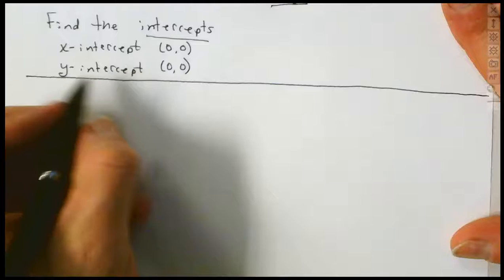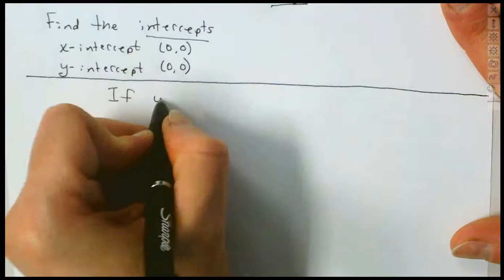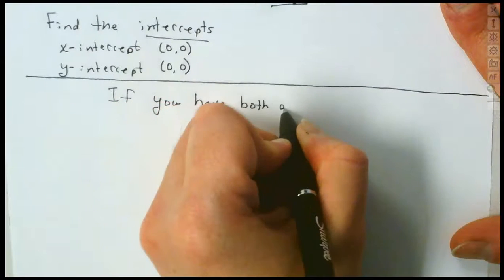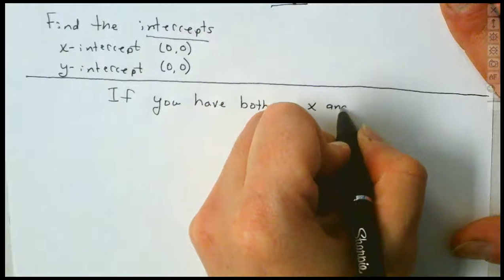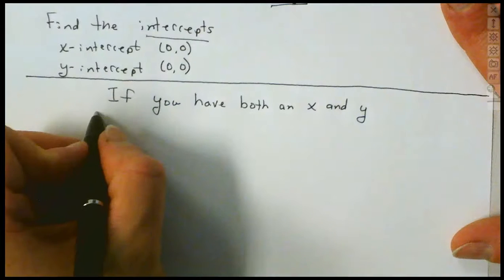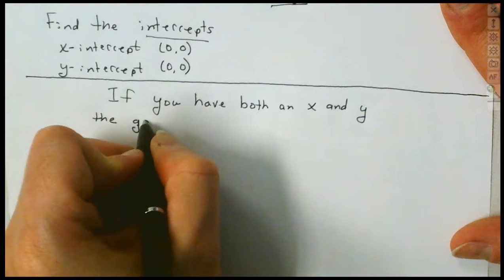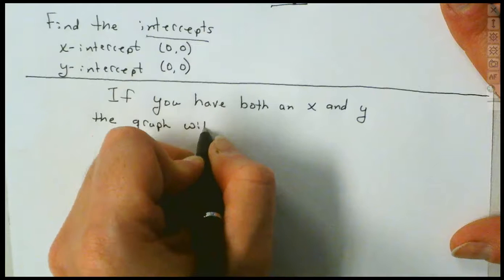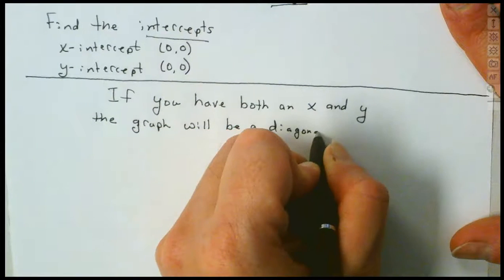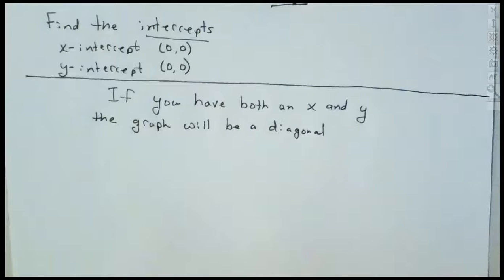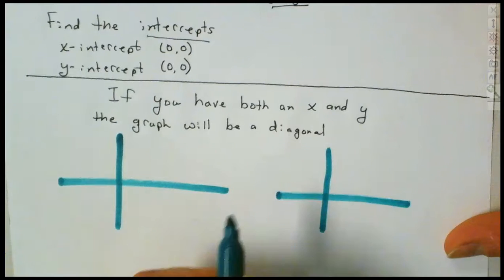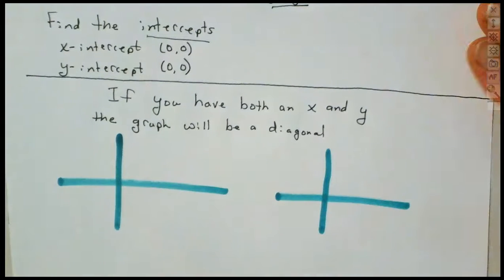Now, if you have both an x and a y, the graph is going to be diagonal. It's either going to look like this graph or this graph.